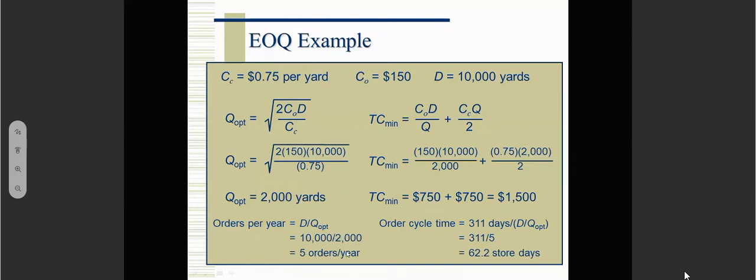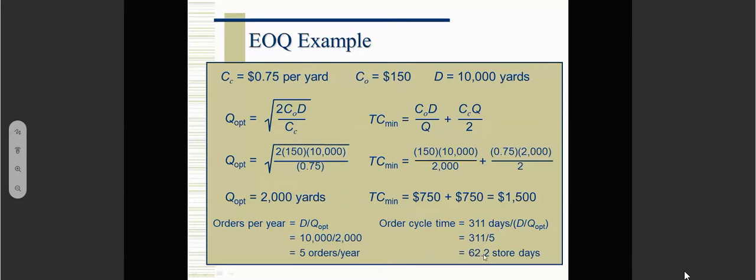We have 5 orders per year. And for the order cycle, we assume that the annual working days is 311 days. Divide by 5, the number of orders. So we have 62.2 days.